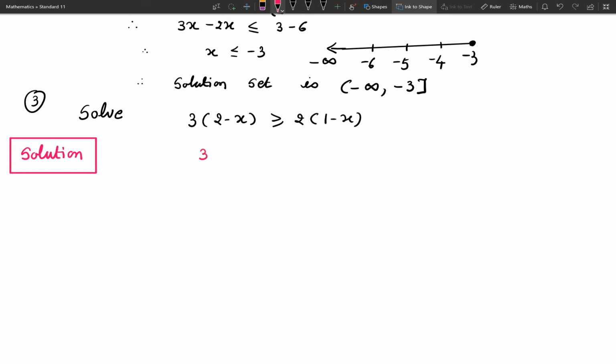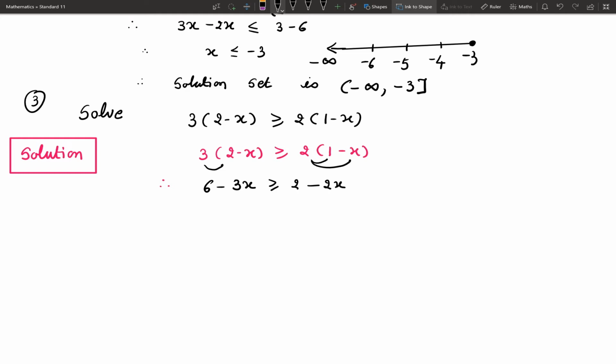We have given 3 into bracket 2 minus x greater than or equal to 2 into 1 minus x. 3 into 2, that is 6, minus 3 into x, 3x, greater than or equal to 2 into 1, 2, minus 2x. Just open the bracket and simplify.